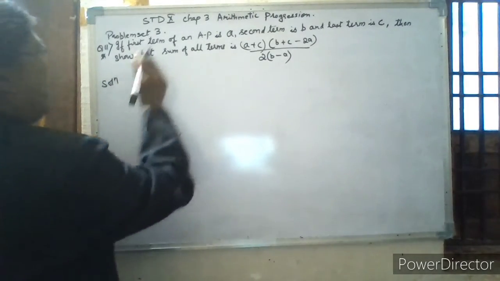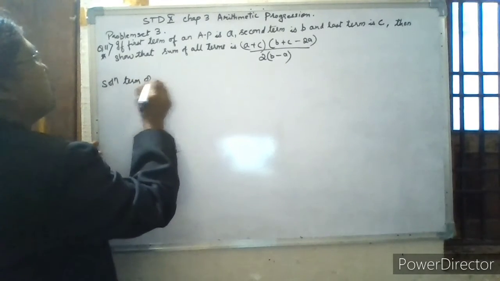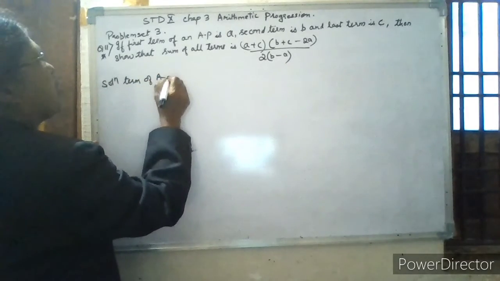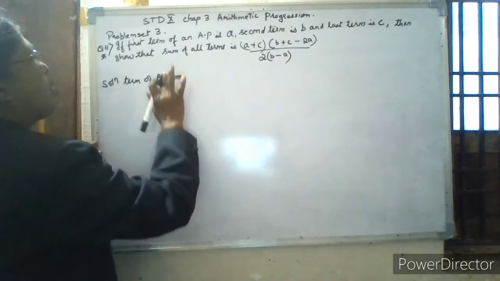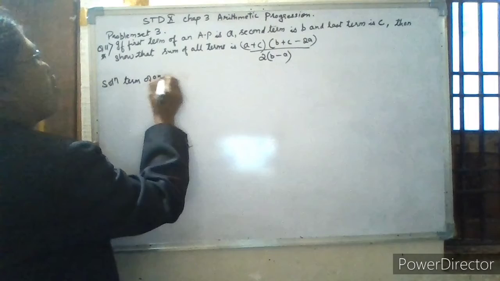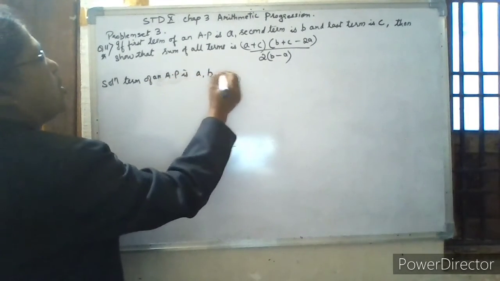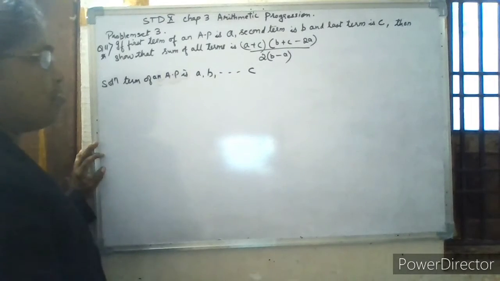So here the terms of the AP are given. The terms of an AP are A, B and so on, and the last term is given as C.